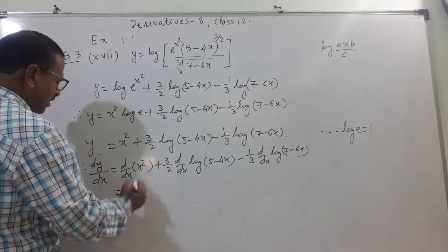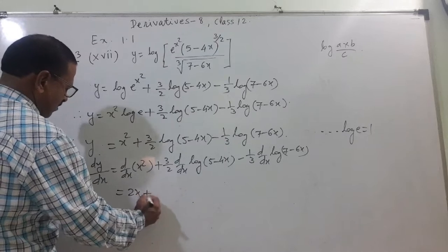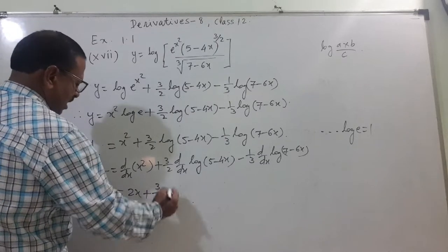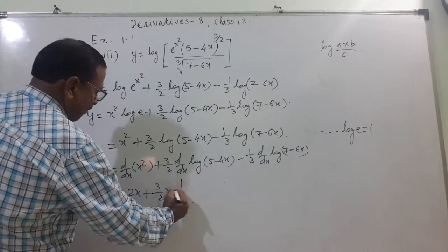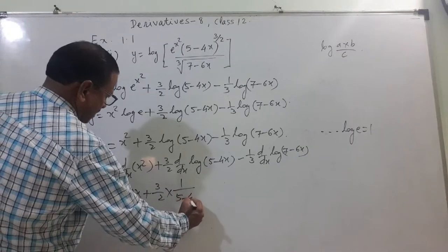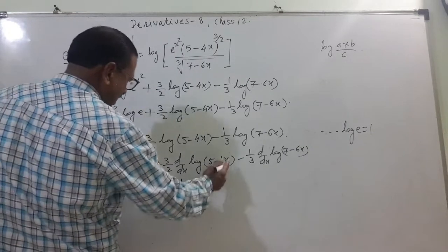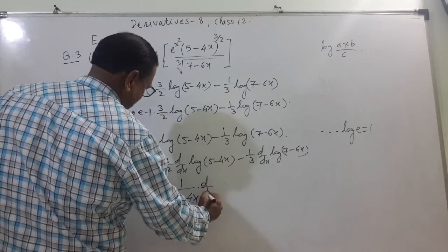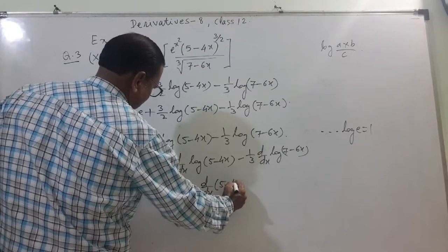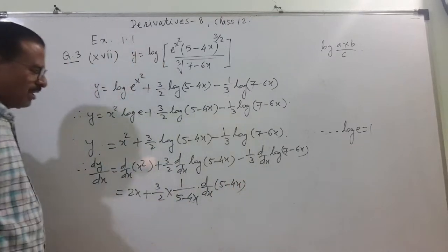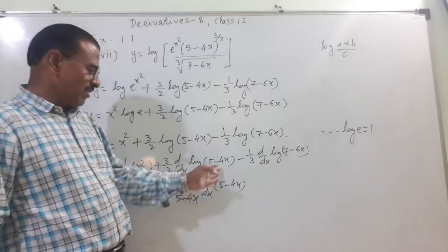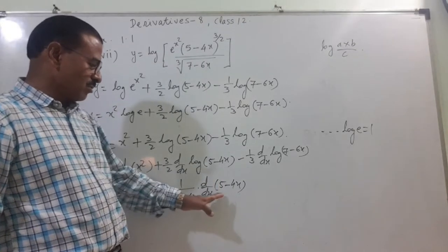So that is equal to, the derivative of this is 2x plus this is 3 upon 2. Derivative of log is 1 upon 5 minus 4x into the derivative of this, d by dx of 5 minus 4x. If you take the derivative directly and write over here, that is also okay.